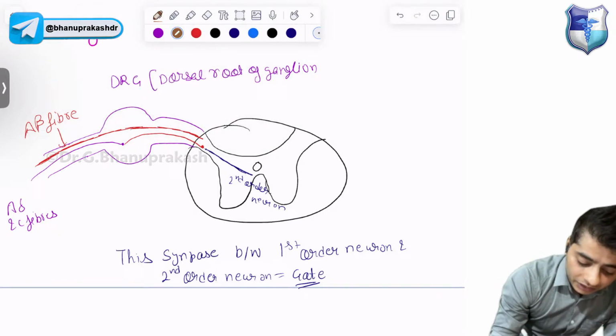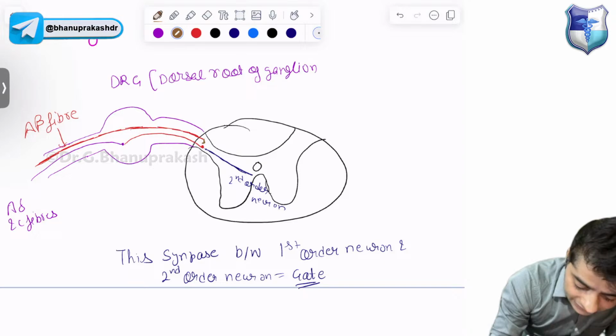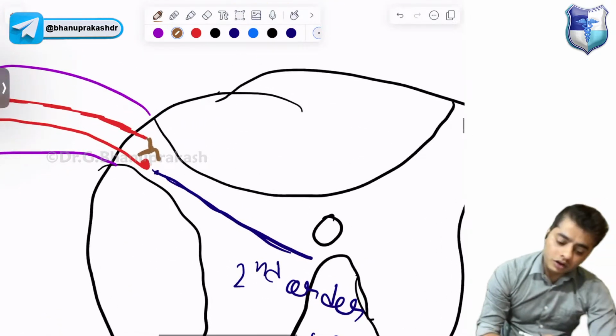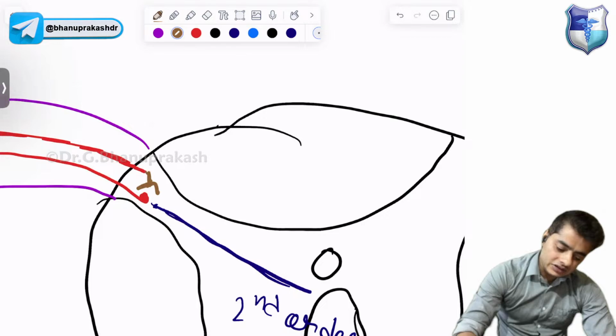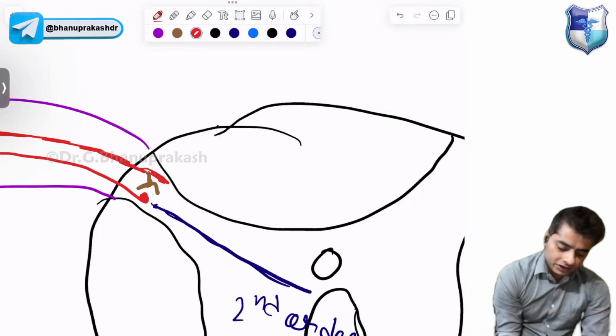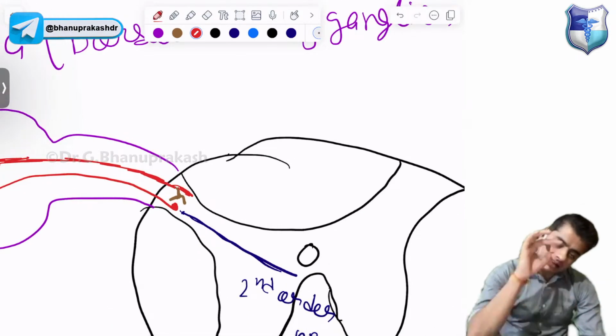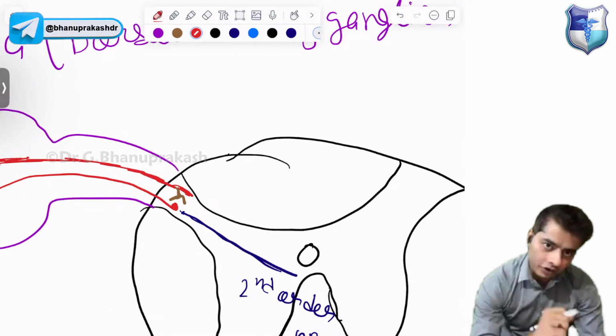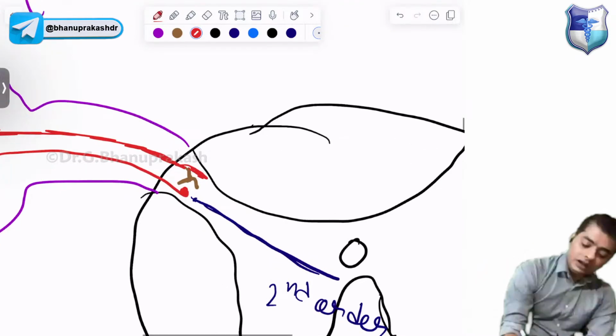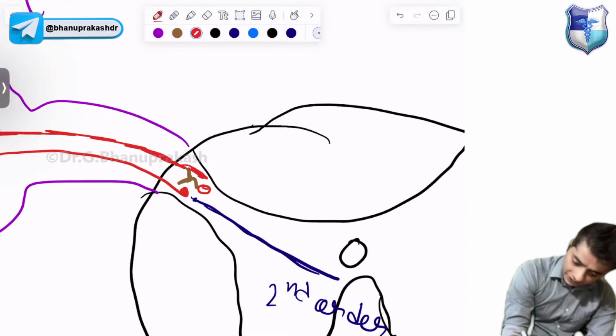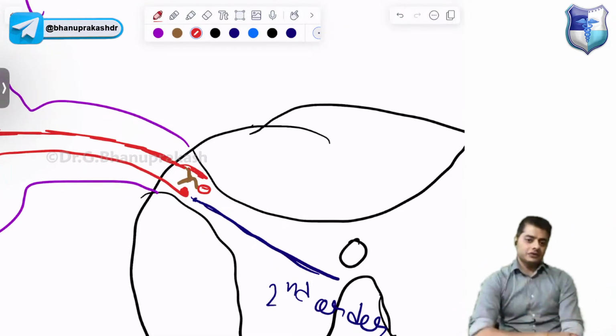It will go further, but it has a small interneuron connection with this synapse of first order and second order neuron. This interneuron will inhibit this synapse.